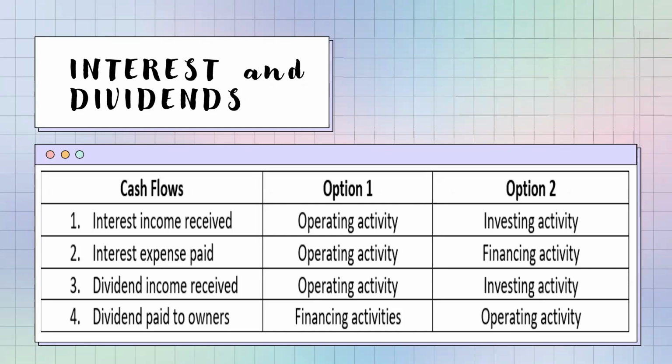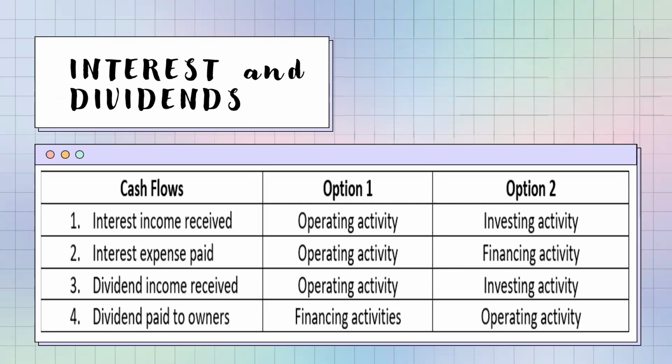So cash flows from interest and dividends received and paid shall each be disclosed daw separately. So each shall be classified in a consistent manner from period to period as either operating, investing, or financing. So dito sa table sa baba, makikita natin na sa interest income received sa option 1, i-disclose daw siya as part of operating activity.